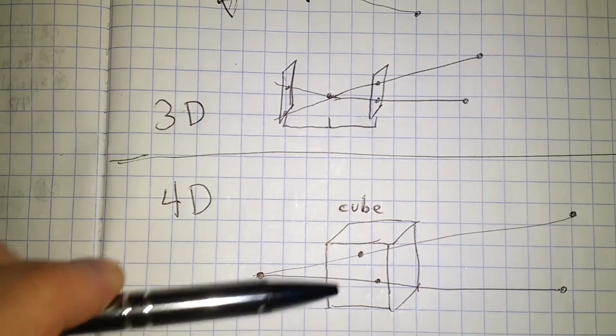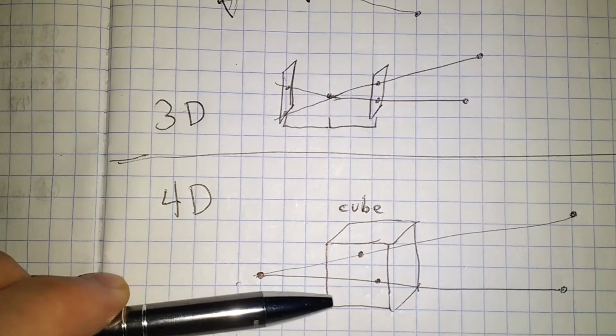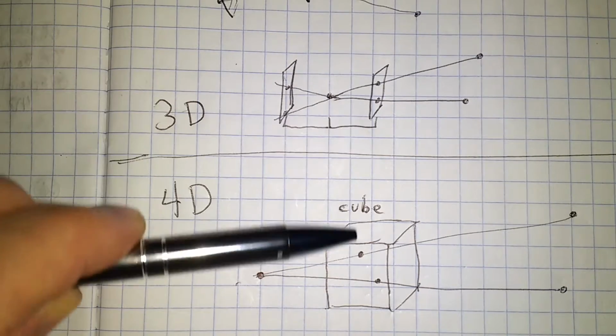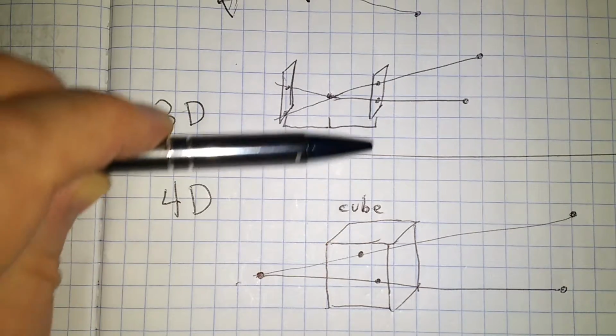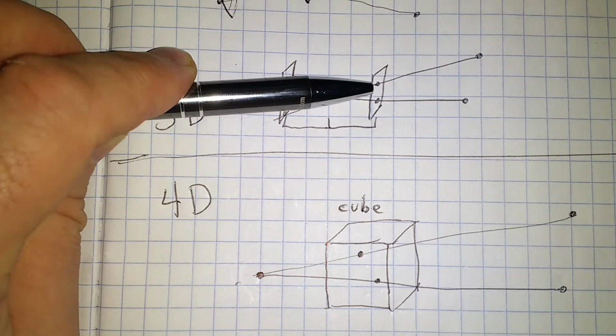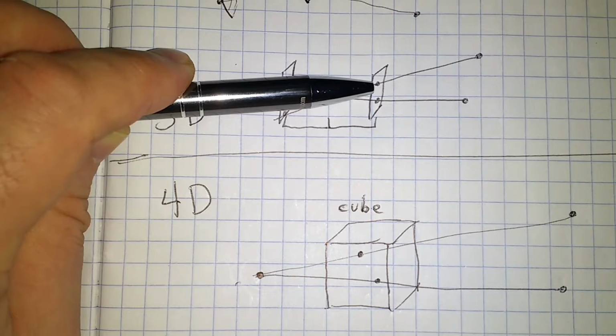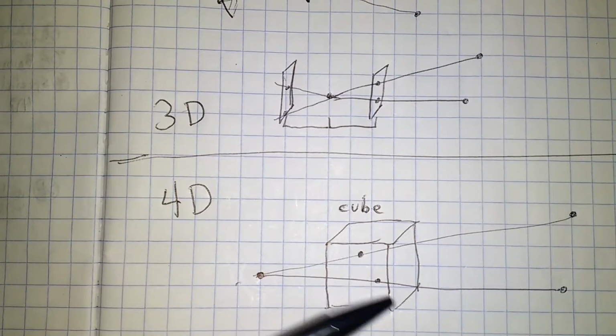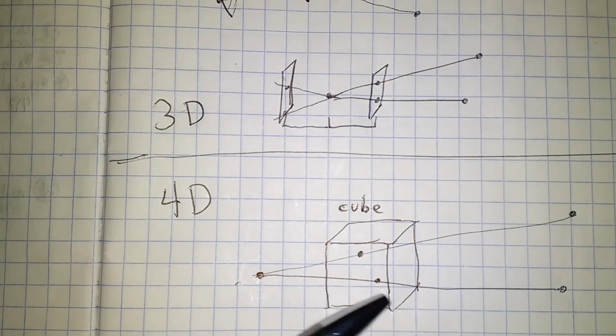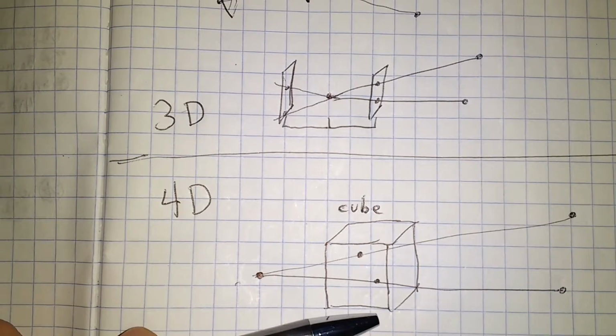Because the challenge here is I wouldn't want to do a perspective projection of this 3D retina into the 2D screen, because then things would appear smaller even though they aren't farther away. And I want to keep that, farther away equals smaller.